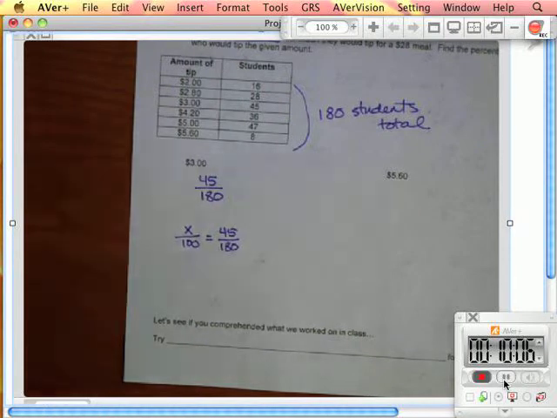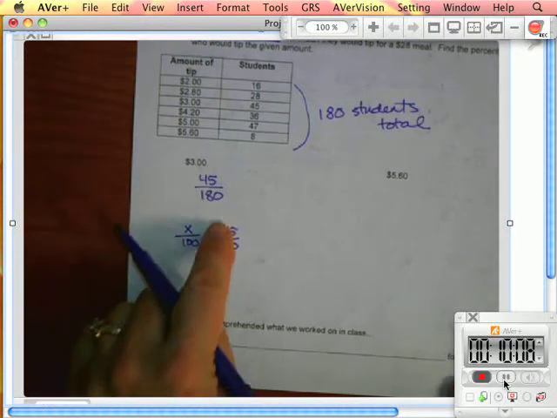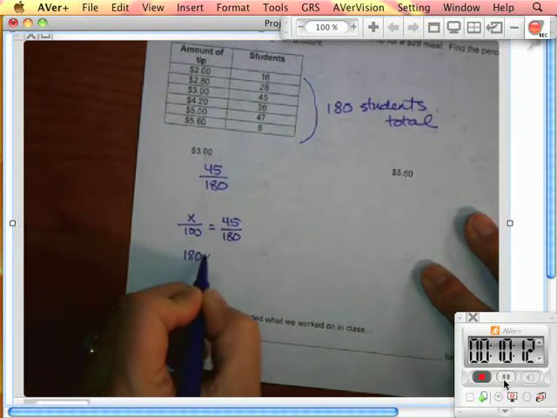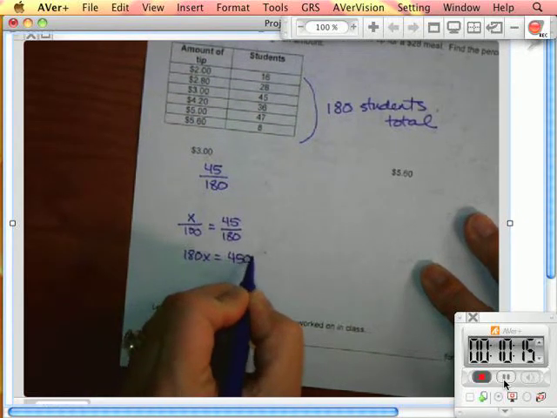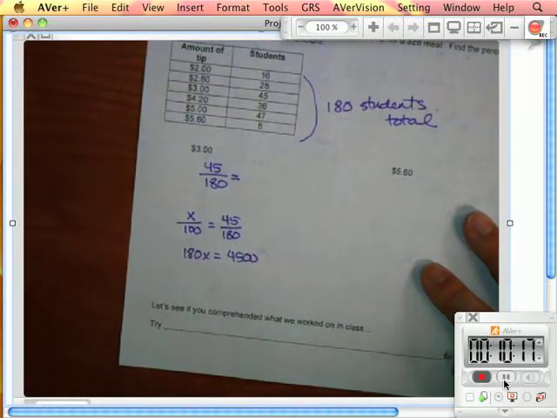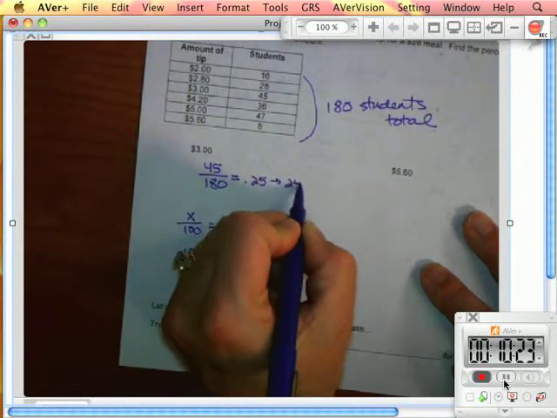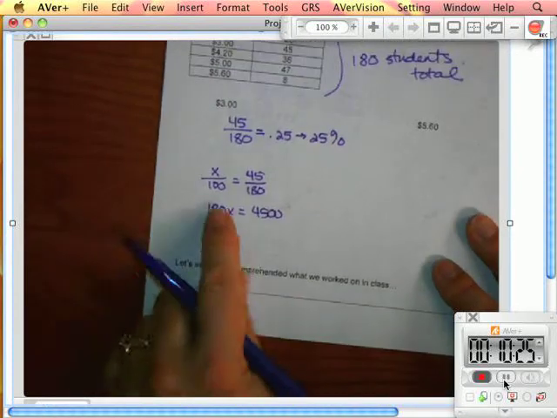I don't know the percent, but I do know the part, and I know the whole. And then you cross multiply. Let's see what this ends up with. 45 divided by 180 is 0.25, which is 25%. Let's see if this gives us the same answer.